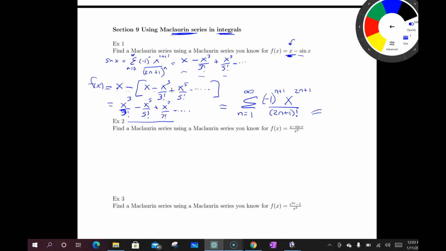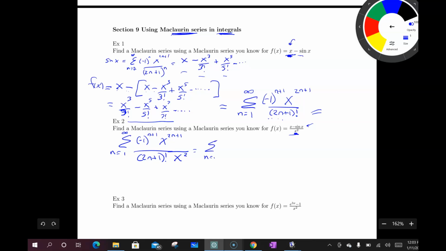So this one here is saying the same thing. It has x minus sine of x, and then it divides it by x. So let's take this. N equal 1. And divide it by x squared, which means put that down here.